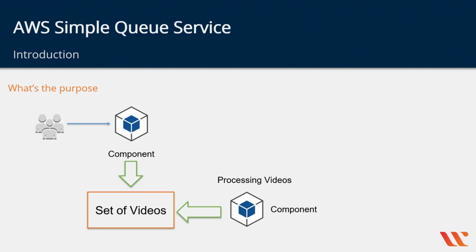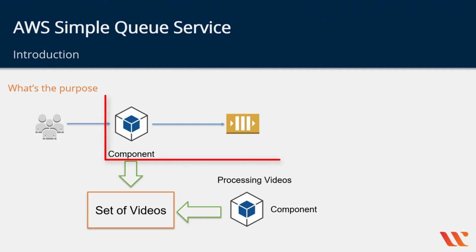In such a case, you can introduce the Simple Queue Service. You can create a queue using the service. The component responsible for uploading the videos, in addition to uploading the videos itself, can also start sending messages to the queue stating what videos need to be processed.